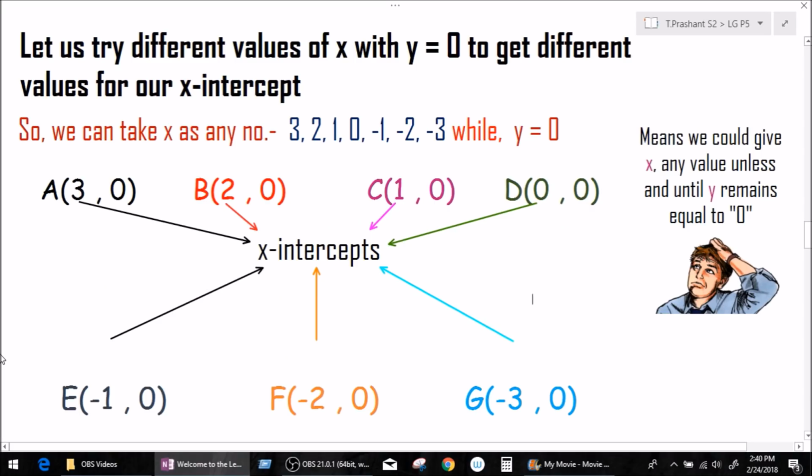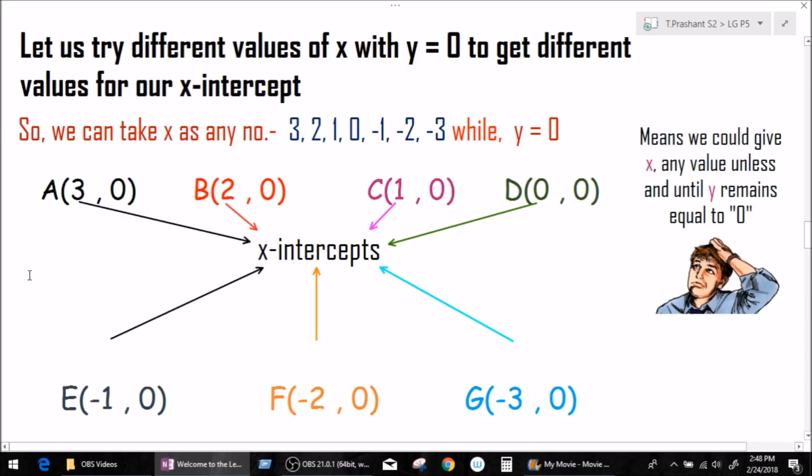Which is exactly what I did when I took x as 3, 2, 1, 0, minus 1, minus 2, and minus 3 and made multiple coordinates with different values of x but with the same value of y, which is 0.